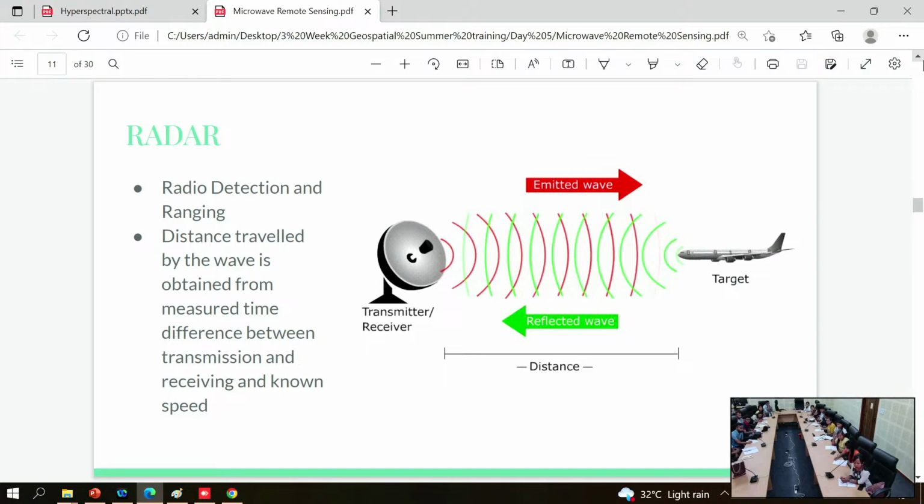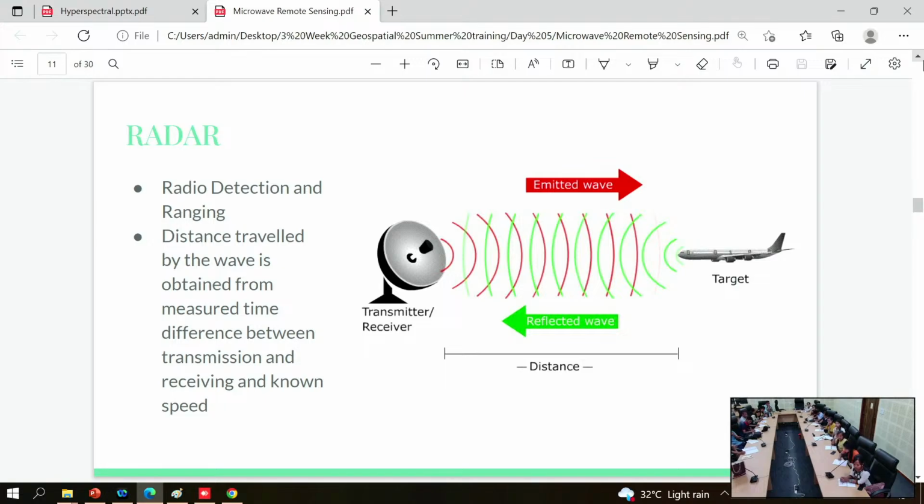Now you all are aware of the speed, distance and time relationship. Yes, speed is distance divided by time, right? So if you have a measure of when you have sent the signal and when you have received the signal, right?